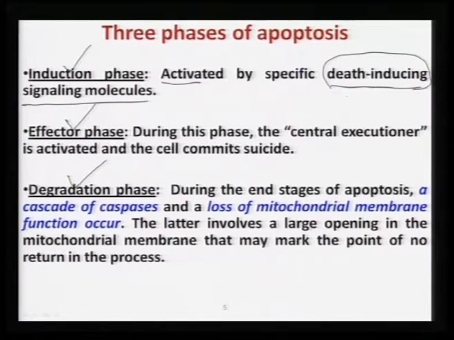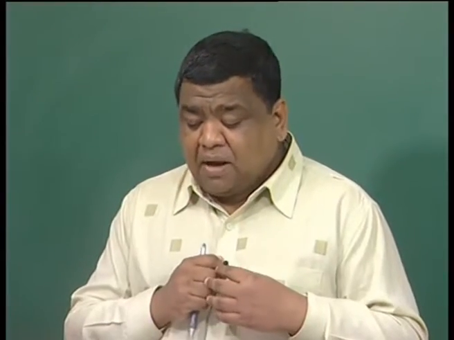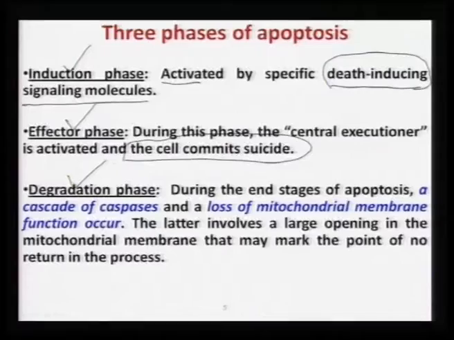So, the first stage is activated when the cells receive some death inducing signals. The second one is the effector phase. The effector phase is the phase when the cell commits suicide. As I said, it is a kind of suicidal mode, but in a very silent manner. The third one is the degradation phase.